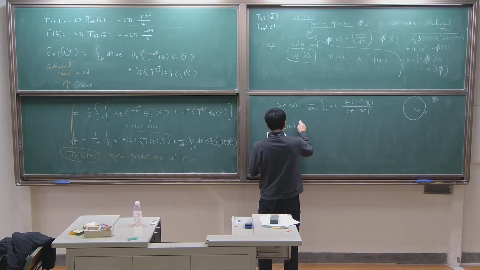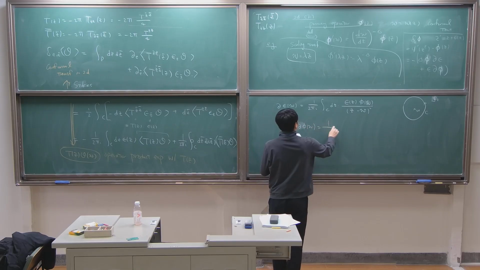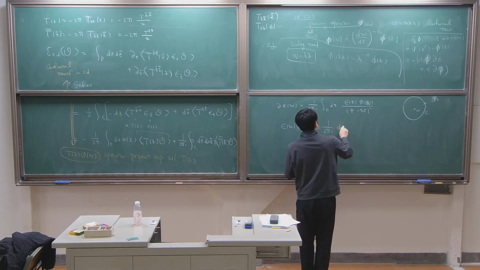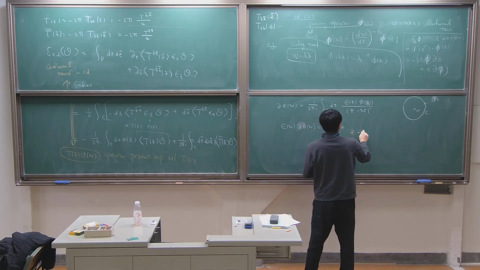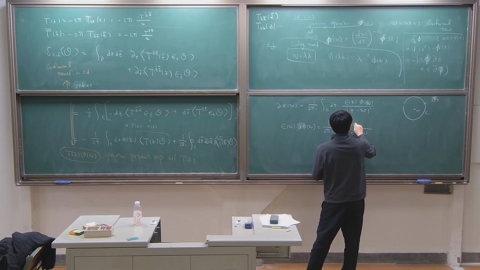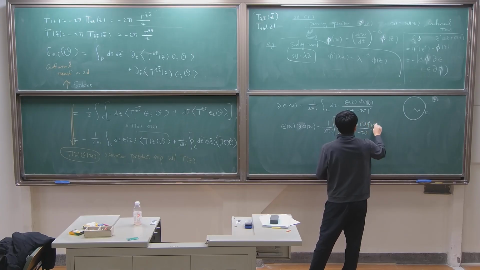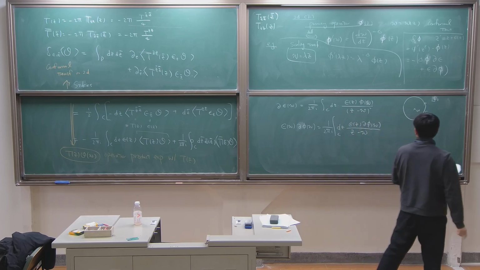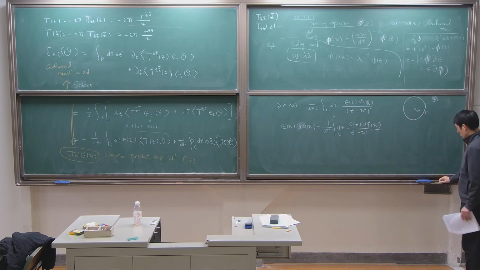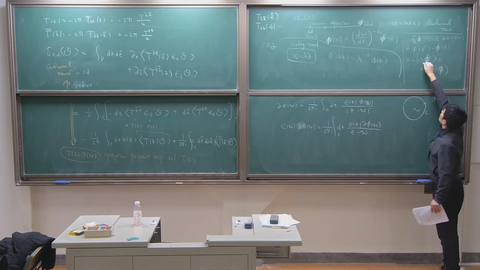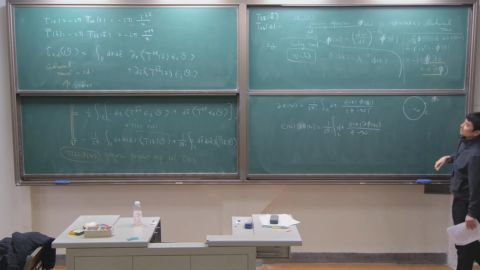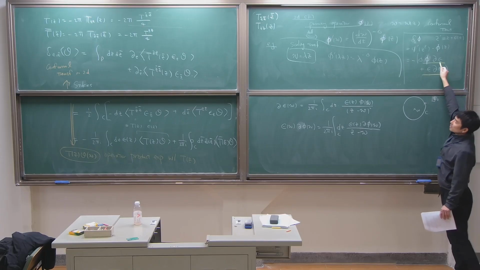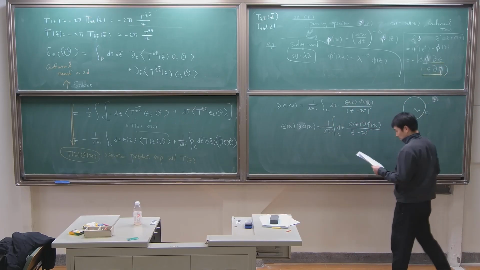In w, phi, and del phi of w, this is also true. So I only look at this term. The first term is related to this one. Sorry, I should put the phi here.